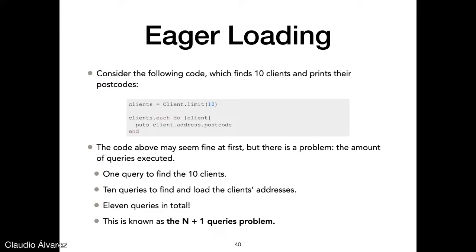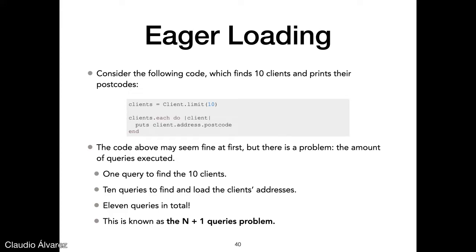Client.address is of course an association by which it is possible to obtain the address of a client. Therefore, we have conducted one initial query to retrieve the 10 clients, and then we are conducting 10 other queries to retrieve each client's address. So we have a total of 11 queries: the first one, which retrieves the 10 clients, and the other 10, which retrieve the address of each client.